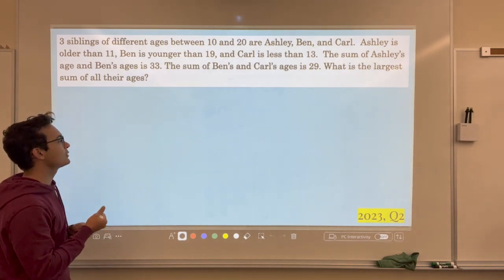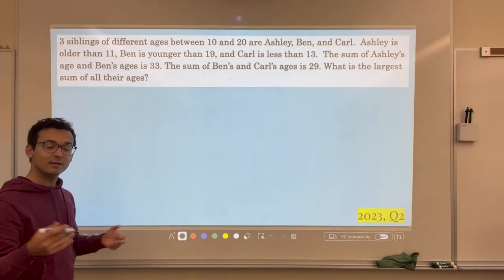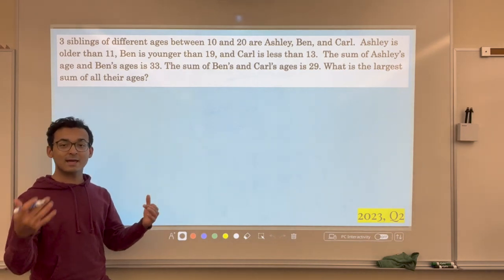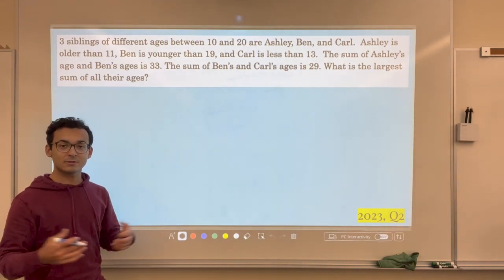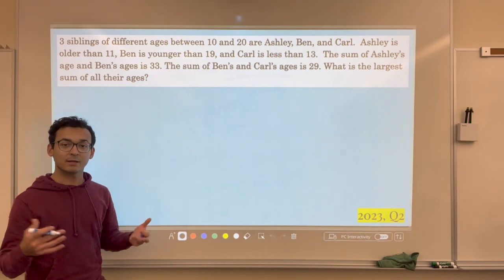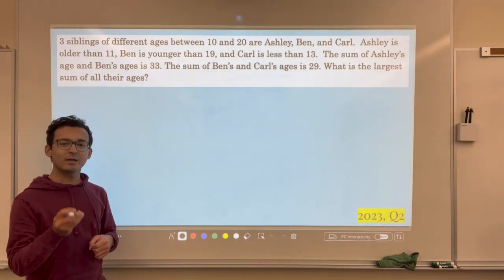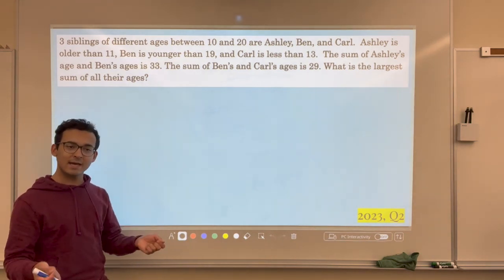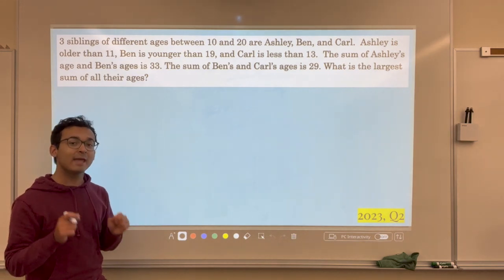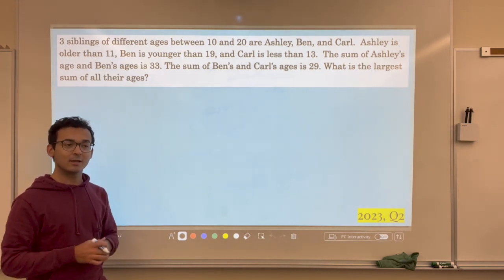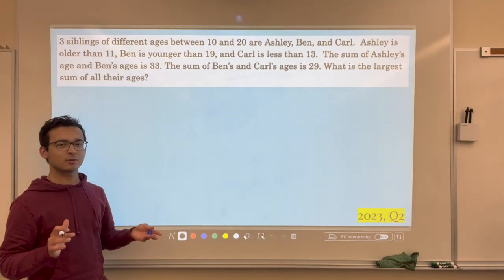For example, if I told you pick a number between 1 and 10, you would probably think that 1 and 10 are valid answers, or valid numbers that you could pick. If I asked you to find out how many numbers are in between 1 and 10, you would probably tell me that there are 8 numbers from 2 to 9. So that's why I've never really liked the word between.